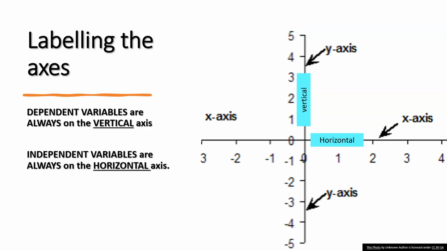We call them vertical and horizontal axes in science rather than X and Y. In maths, you call them X and Y, but in science, because we're looking at the names of these variables, we're not saying it's 1 on the X, we're saying it's 1 degree. So we don't refer to them as X and Y axis as such, although we are still looking at axes of a graph, the same as we do in maths.